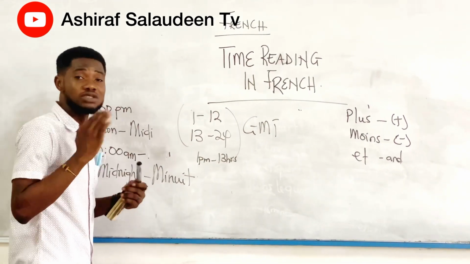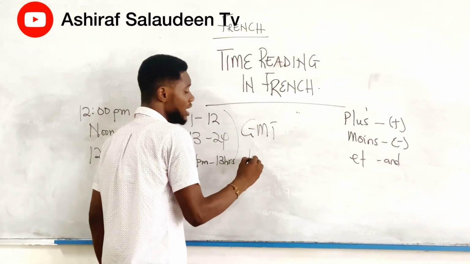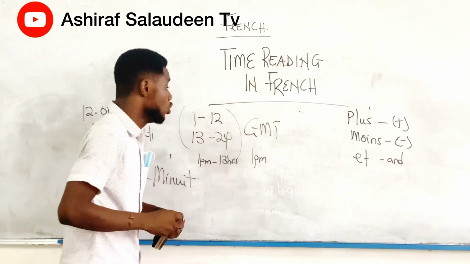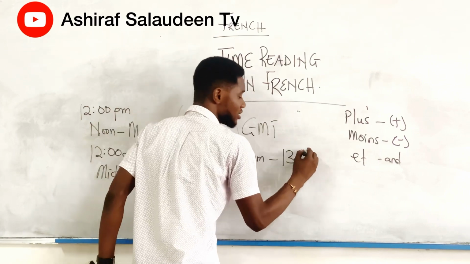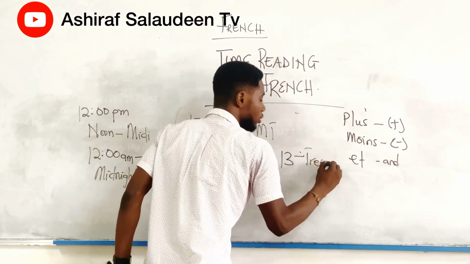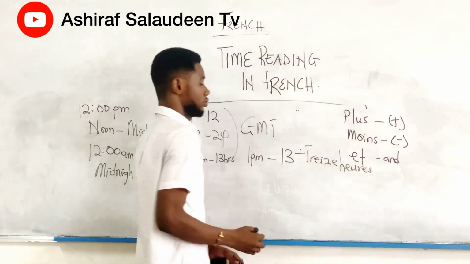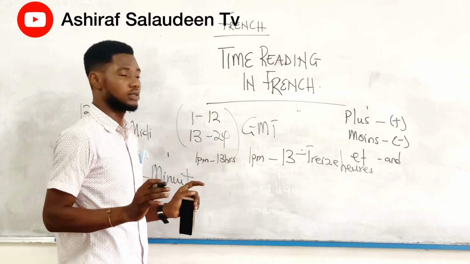Alright? And that is the concept we use in time telling. In French, we use the GMT to tell the time. So 1 p.m. in French is going to be 13 heures, 13 o'clock. 13 hours. Alright?